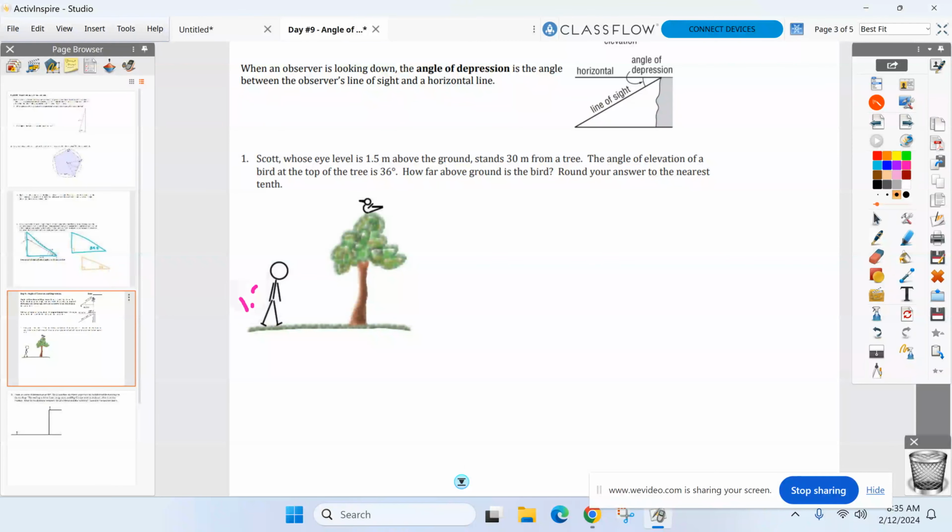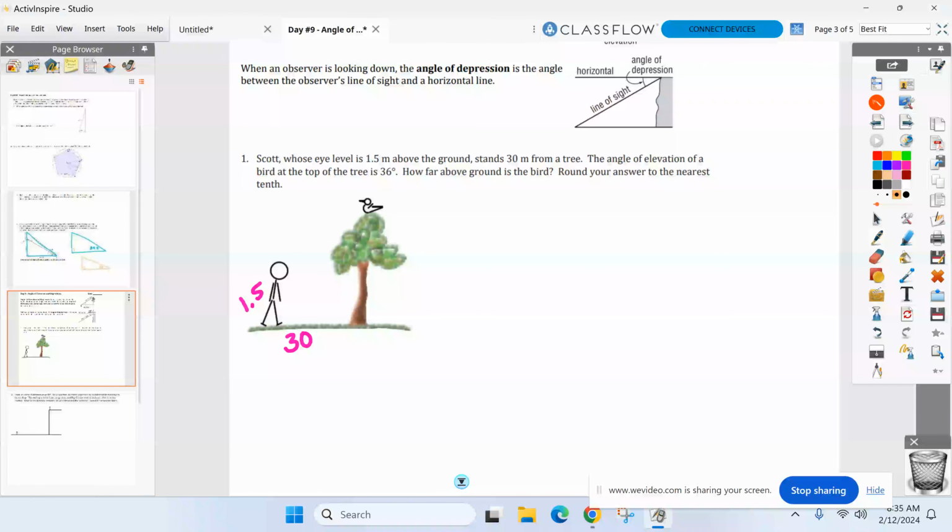I'm going to stick that 1.5 over here to his eyes. And he's 30 meters from the tree. Let's throw that 30 meters on your diagram, right down here. 30 from the tree.